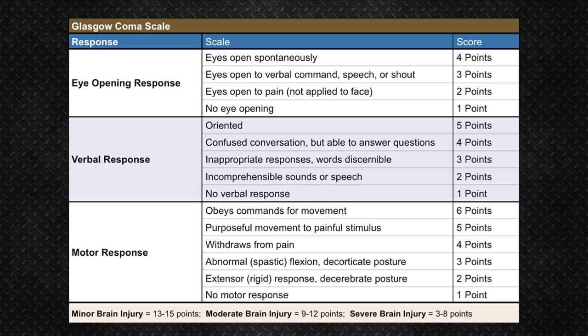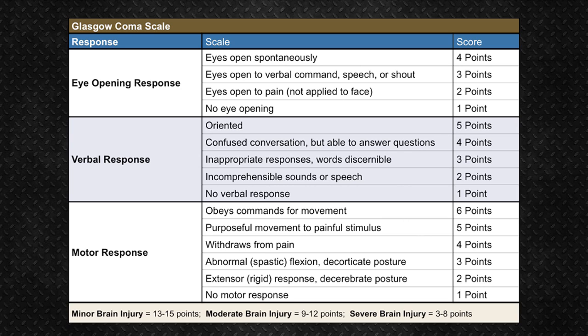So if they have a purposeful movement to the painful stimulus, technically their hand would have to actually cross midline for this to be localized. A lot of charts will put localized to pain in this 5-point bracket. And what that means is you pinch the trapezius and their hand comes up and passes midline, and that would be 5 points.